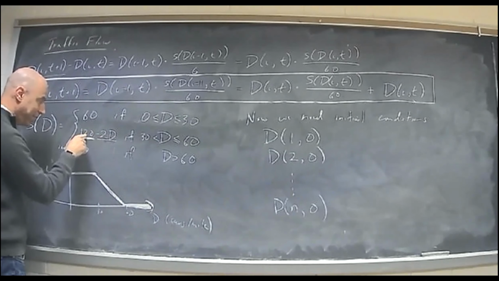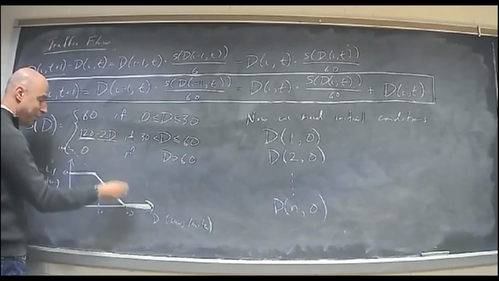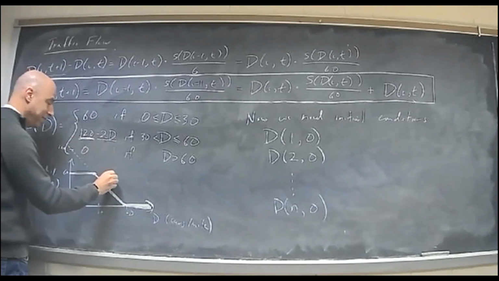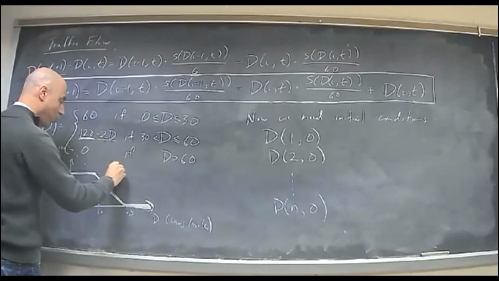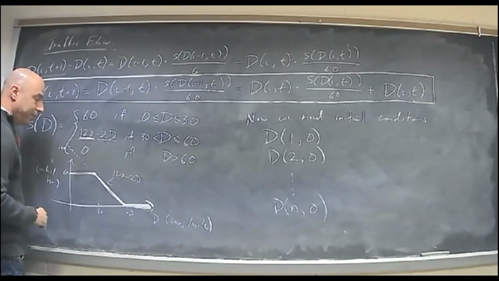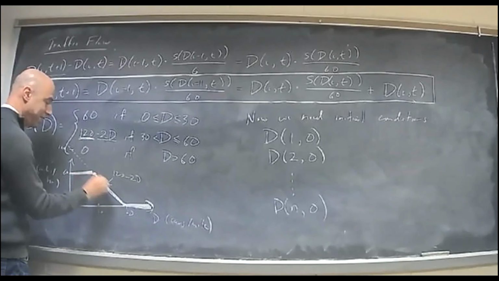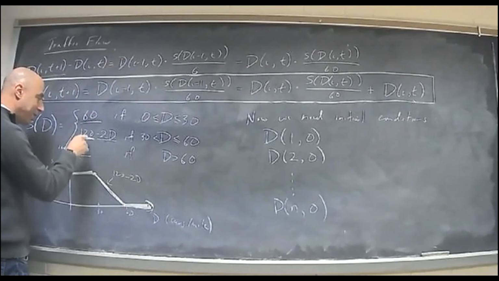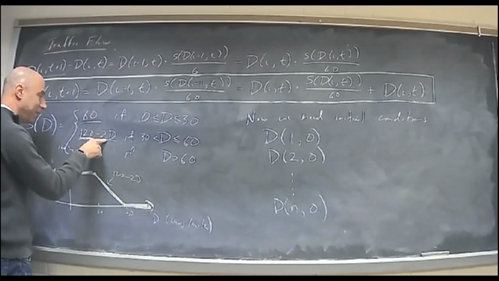And if you plug in 60, you have 120 minus 2 times 60. You're at height 0. So that little piece there is 120 minus 2d. And this, of course, is just a constant 60. This is a constant 0. That explains the first and the third line. But if I wrote 60 minus 2d at some point, I really didn't mean to. I meant to write 120 minus 2d.